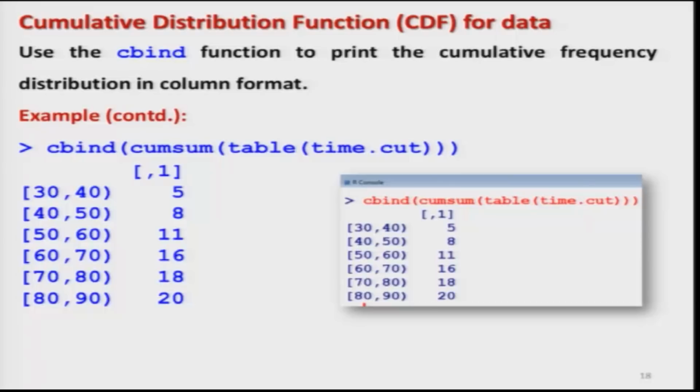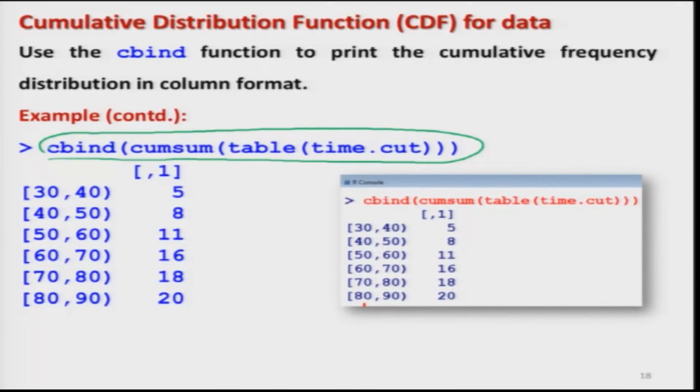So, let me try to show you here. You can see in this slide, I am simply expressing the outcome of this slide in vertical columns by using the function cbind, and here is the screenshot.